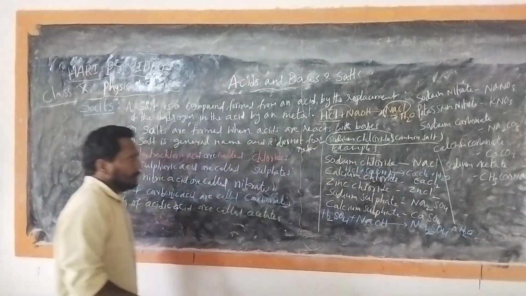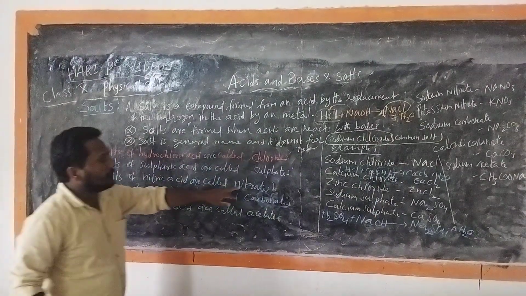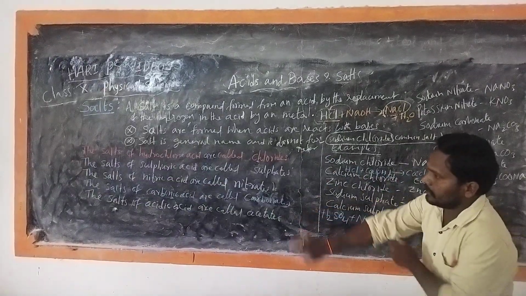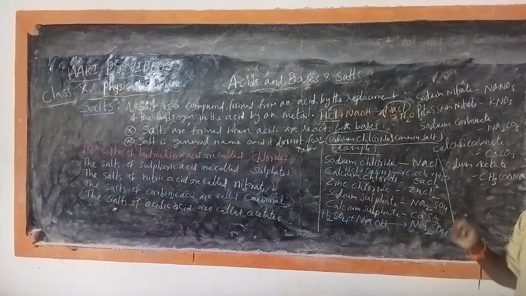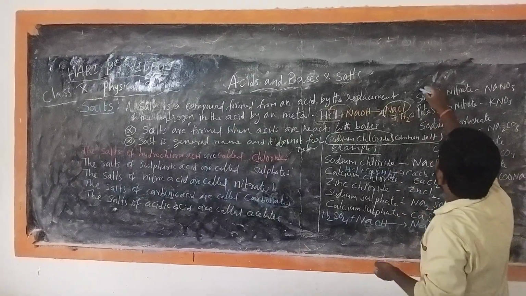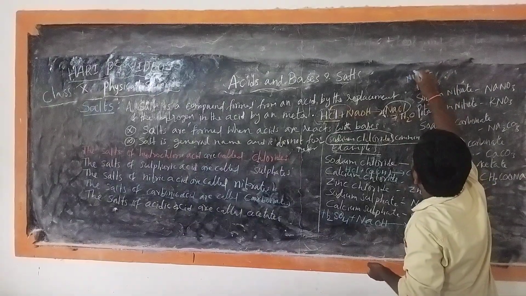Then the salts of nitric acid are called nitrates. For example, HNO3 is nitric acid.